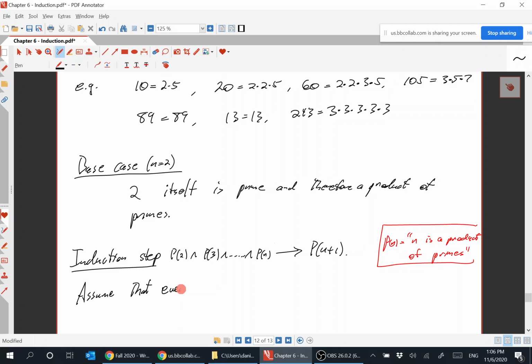Assume that every integer. Every integer from where to where is what?